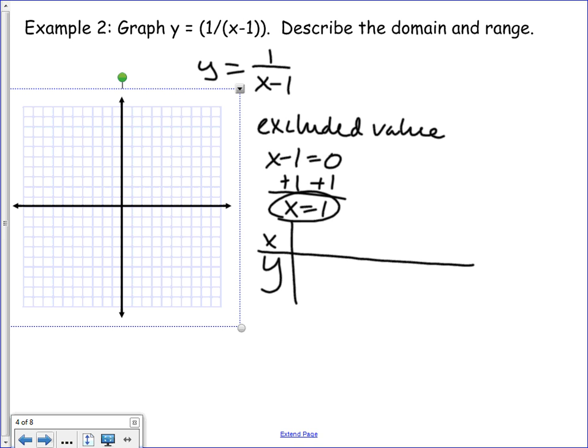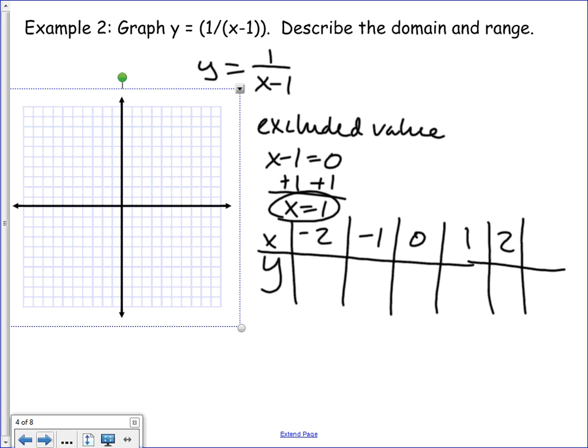I'm going to pick -2, -1, 0, then 1, 2, 3 and 4, so that I have 3 on either side. When x is 1, it's undefined because we can't divide by 0.